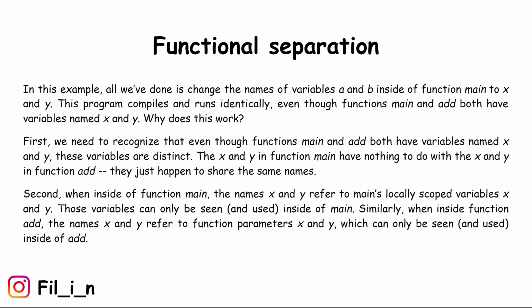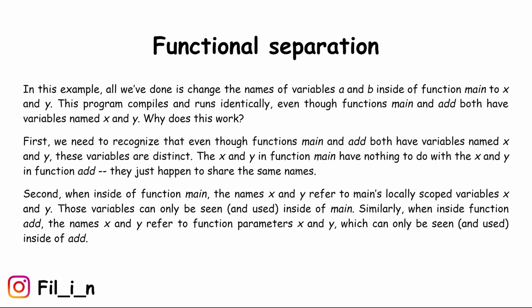Why does this work? First, we need to recognize that even though functions main and add both have variables named x and y, these variables are distinct. The x and y in function main have nothing to do with the x and y in function add, they just happen to share the same names.